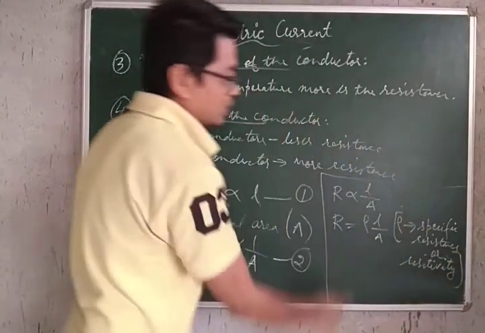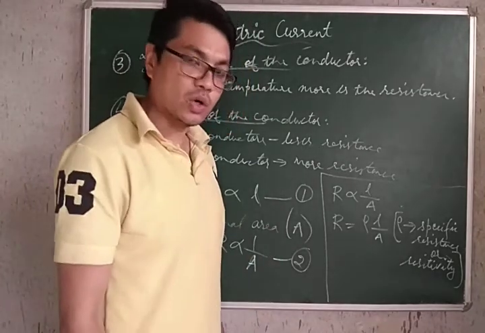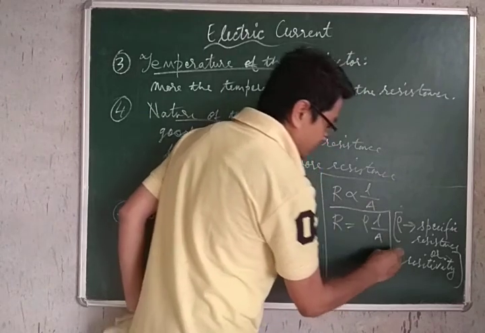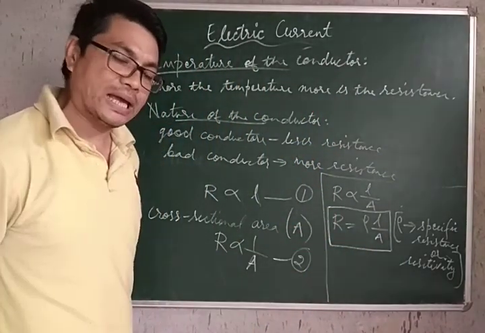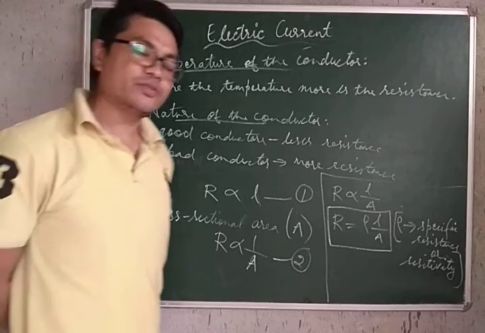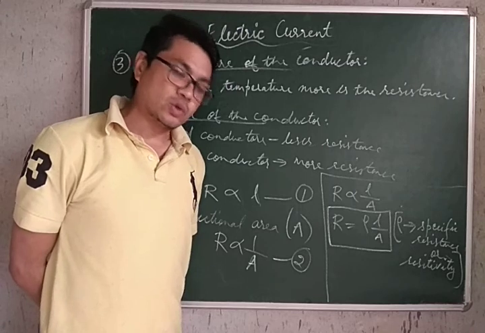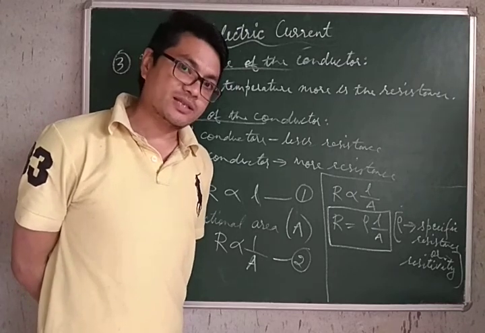So this is what your rho is, remember. Rho is called specific resistance or resistivity. R is equal to rho L by A is a very, very important equation for you all. Rho, like I said, is a Greek letter. It is called specific resistance or resistivity.